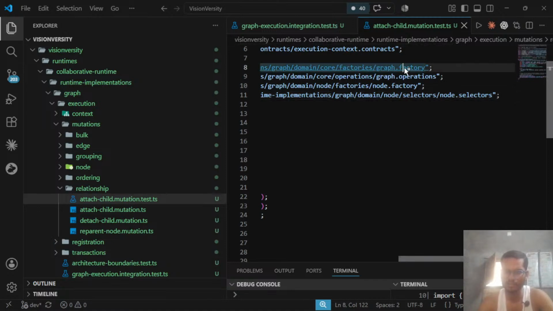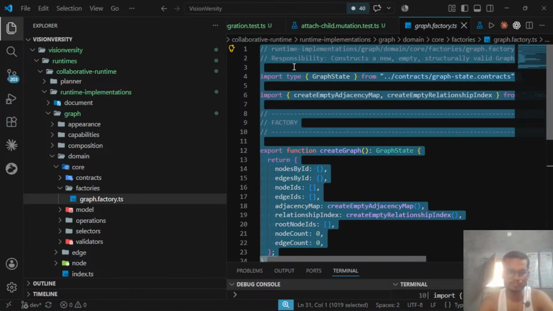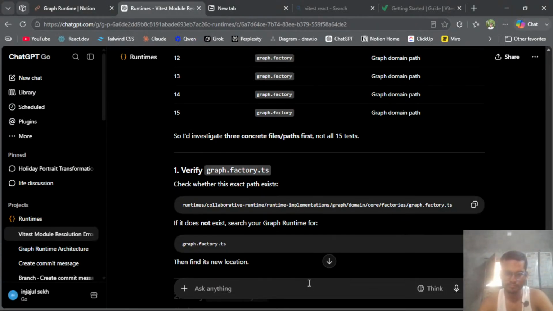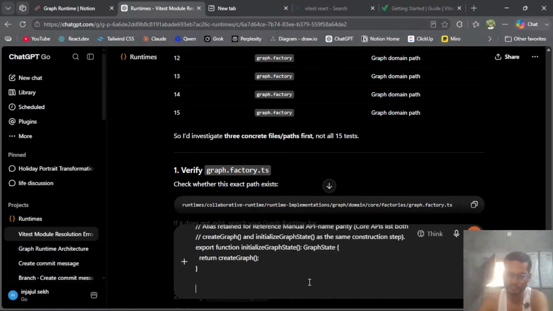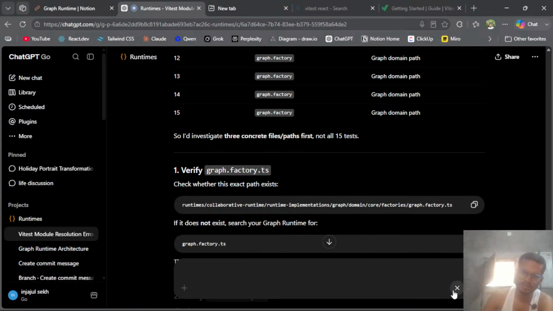This is a graph factory. So this is my graph factory files.